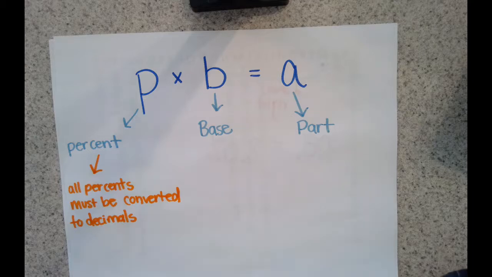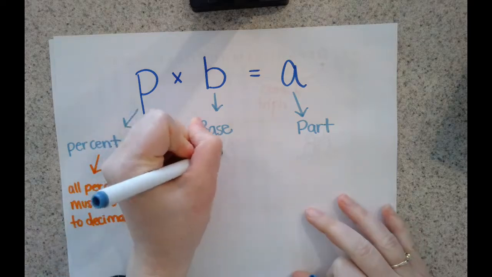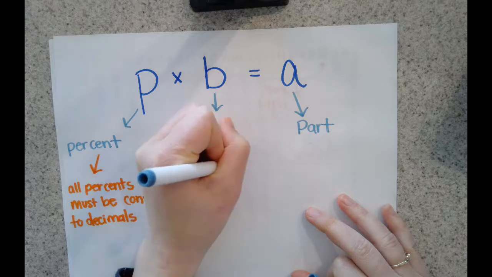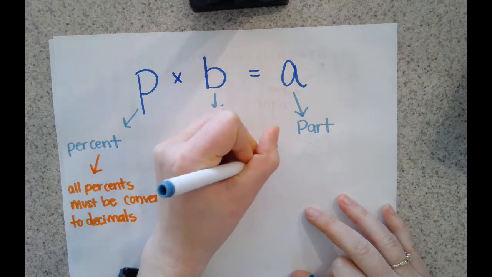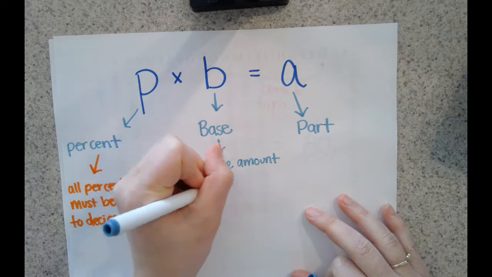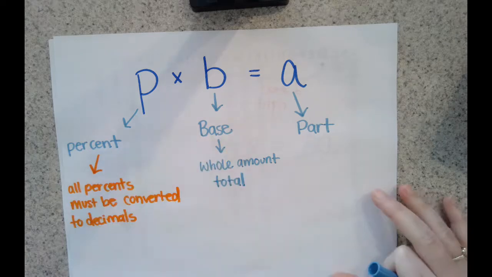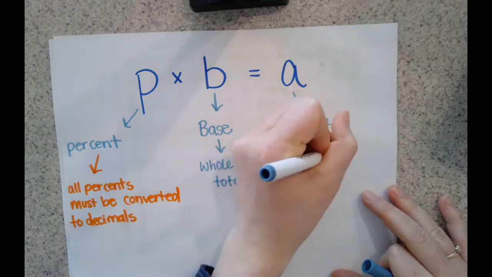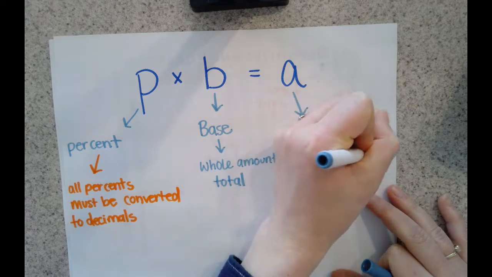Okay, the base, let's explain what that is a little bit more. The base is usually your whole amount. Could also call it the total. Okay, the part obviously is just the part of the total.